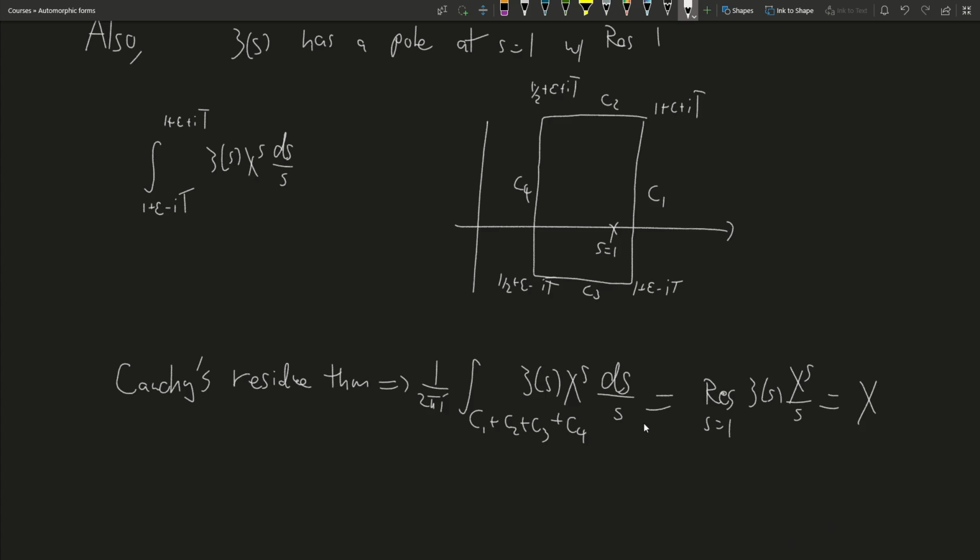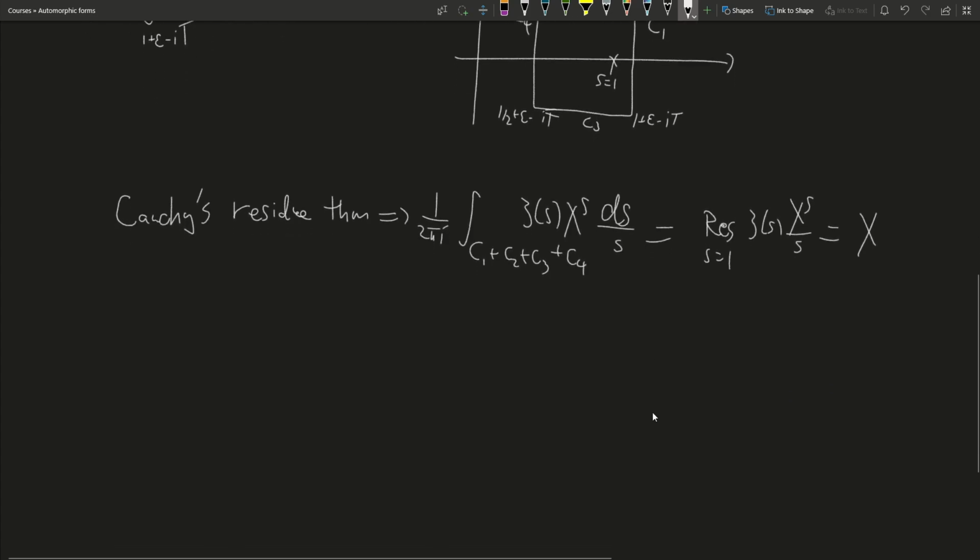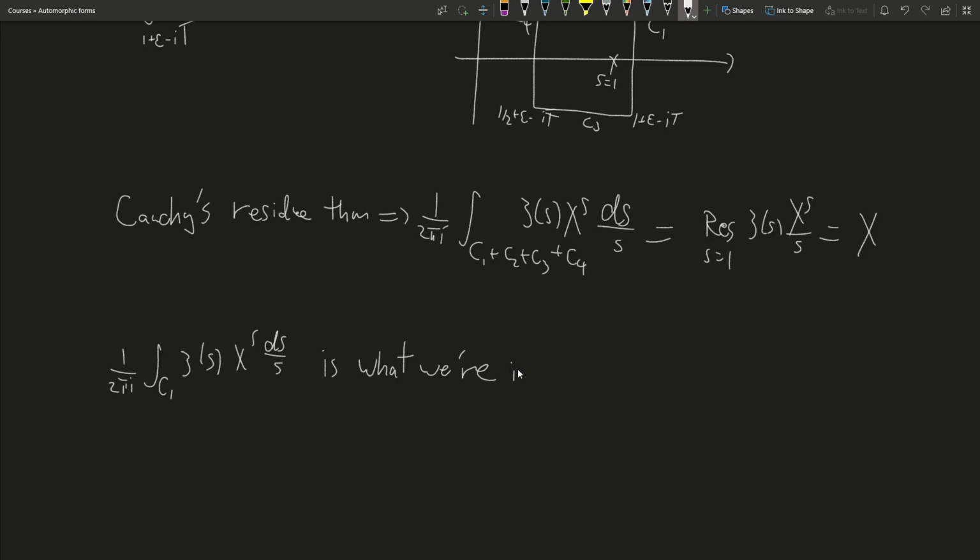Okay, so this integral along C1 is what we're interested in. So let's remind ourselves why we're interested in this.